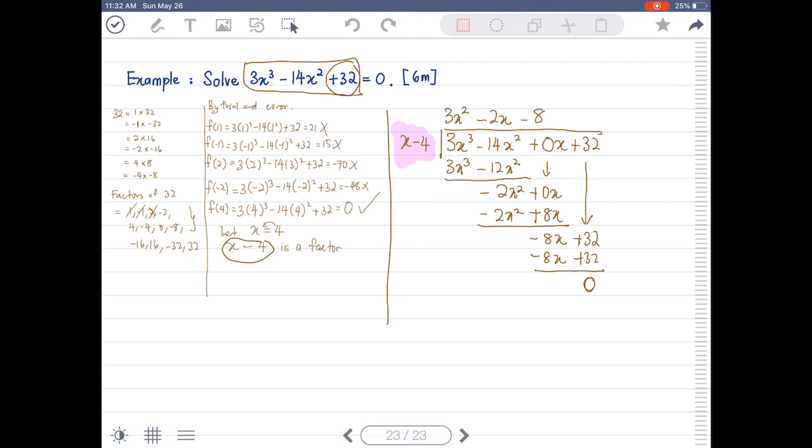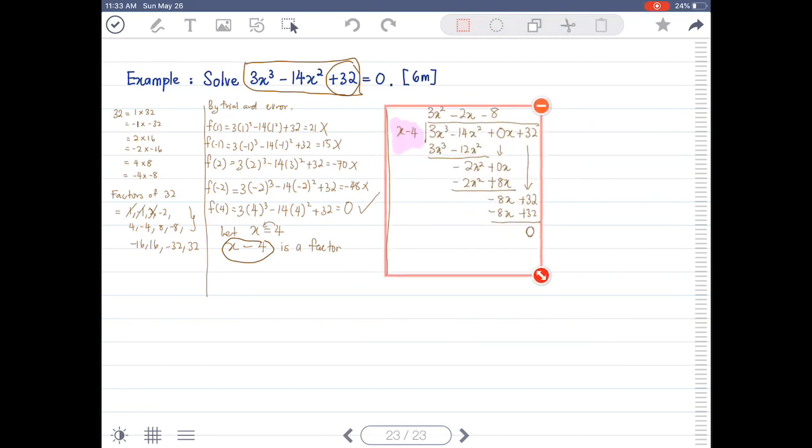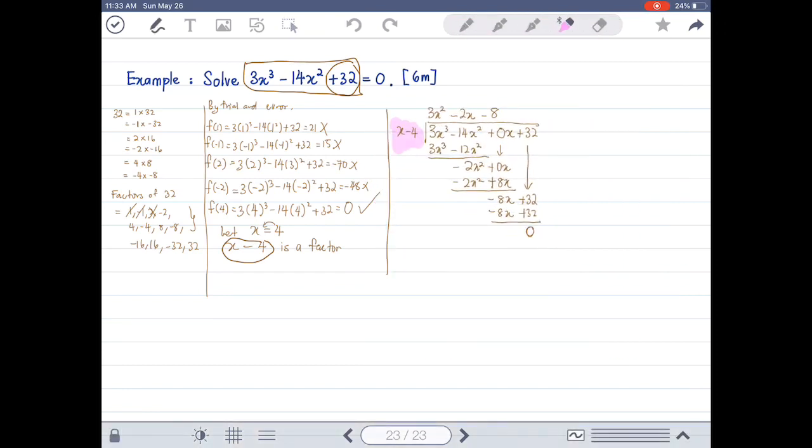The next step, write in terms of, remember just now, dividend is equal to quotient times divisor plus remainder. So we just write that in a form of, I should use other colors, maybe pink.